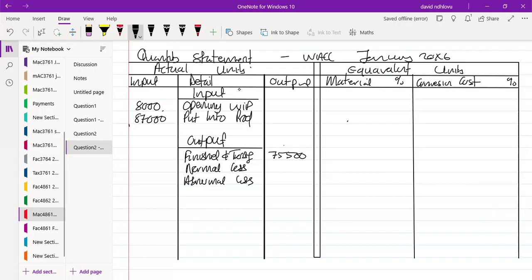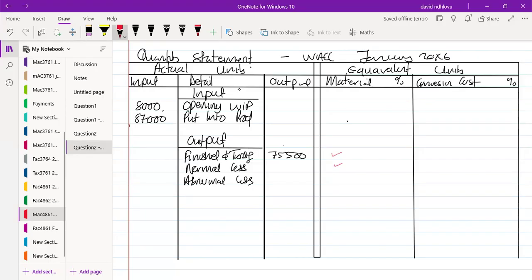But it doesn't mean that we always have efficient production so that we have a normal loss of 5%. If because of one reason or another, maybe the machines were not working properly, maybe we just got new employees, then we lose more than the 5%. The extra expenditure or the extra losses are what we call abnormal loss. So abnormal loss is any loss that exceeds the normal loss of the entity. So either the opening WIP is now in finished goods, or some of it went into normal loss.